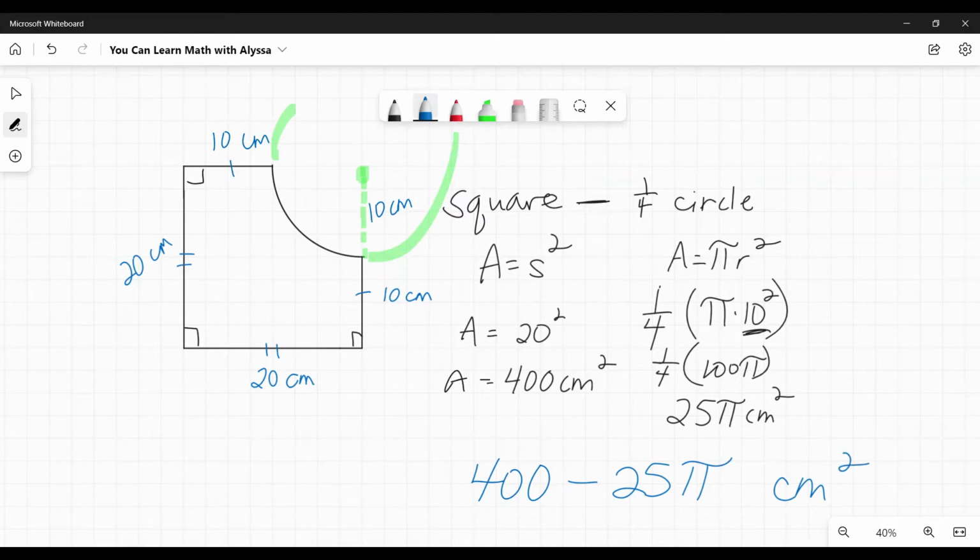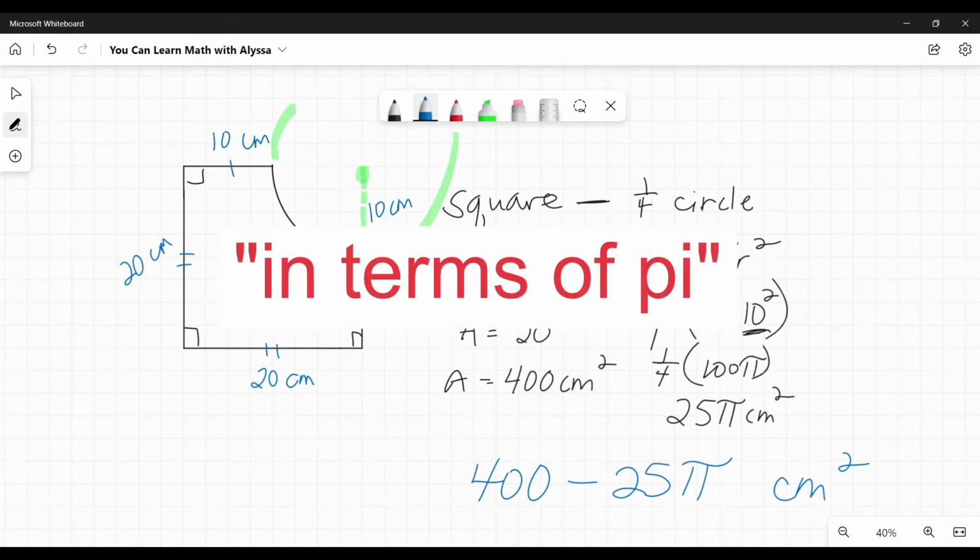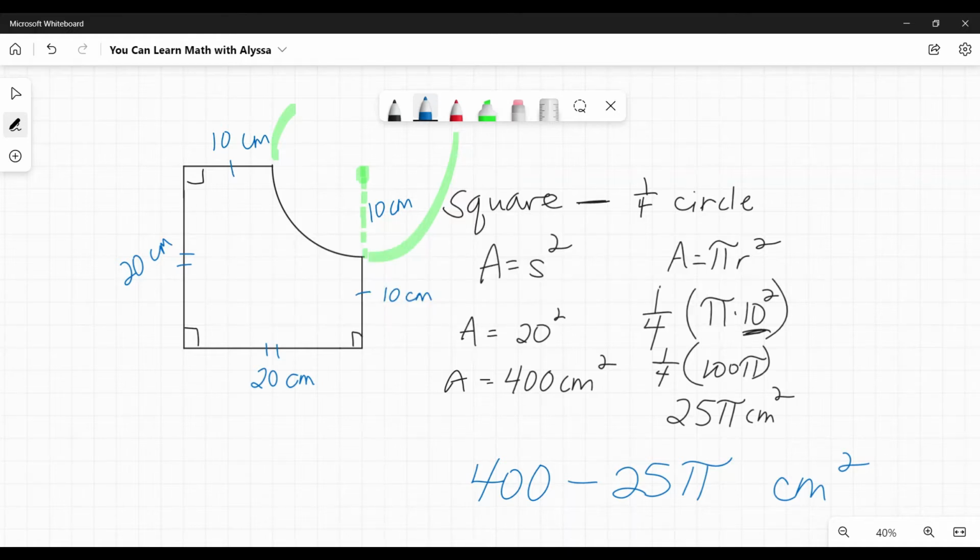Now at this point, when you get these kind of answers and when you're doing these composite figures, you are likely to have pi in there somewhere. Anytime they put in a circle, you're going to have pi. Half circle, quarter circle, full circle, whatever they add on, it's going to add pi to that mix. If you see the phrase, leave your answer in terms of pi, or give your answer in terms of pi, then this right here is your final answer.